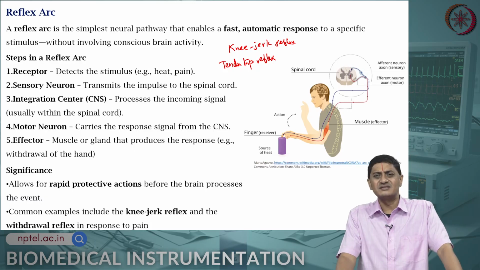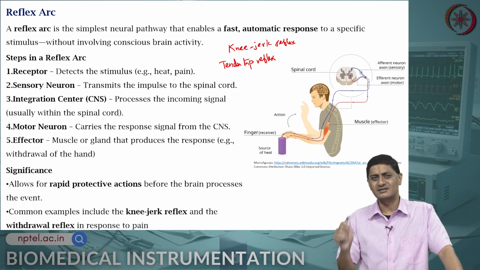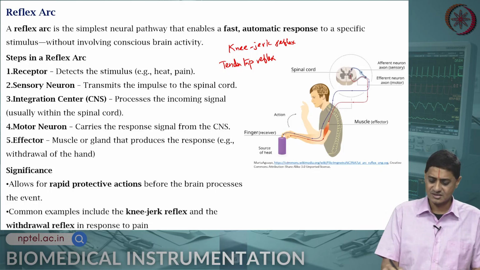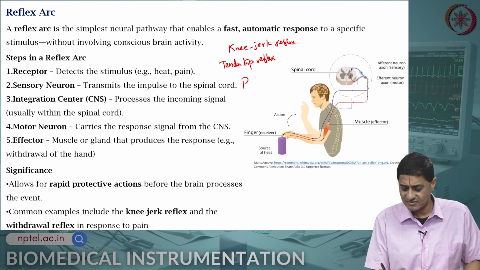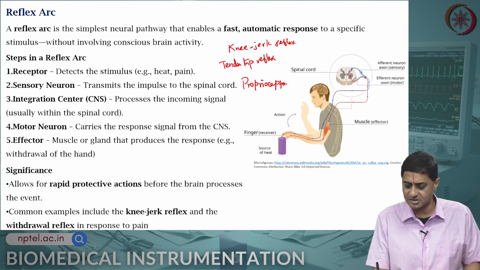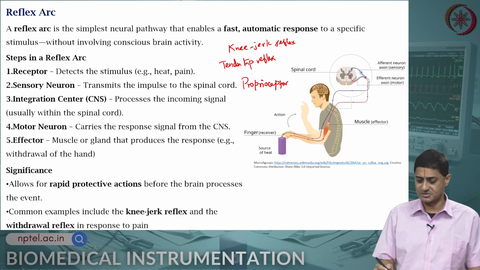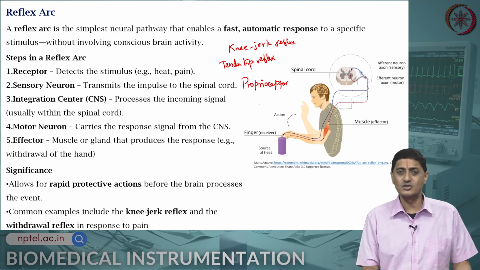There are several steps in the reflex arc. First is the receptor that detects the stimulus. It might be, in this case, the tendon tap, the mechanical stimulus, and then there is a sensory neuron that transmits the information to the spinal cord. In many cases, this might be a proprioceptor. There are at least two types of proprioceptors: muscle spindles and Golgi tendon organs.